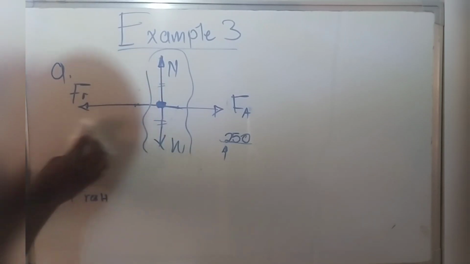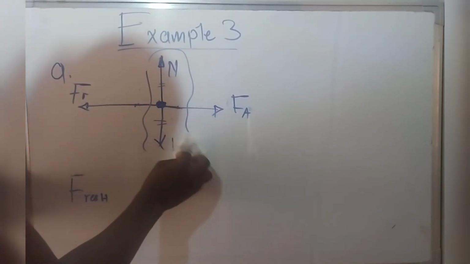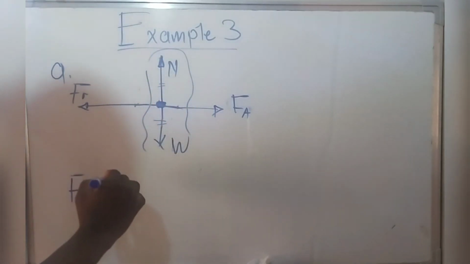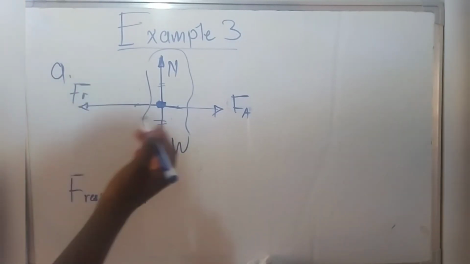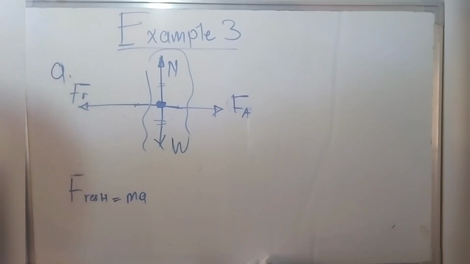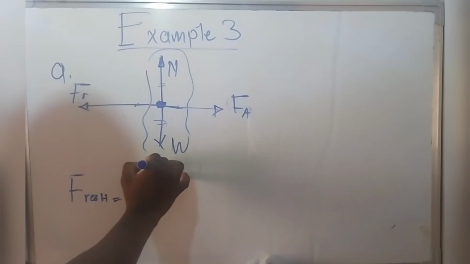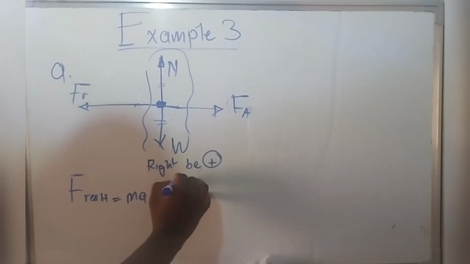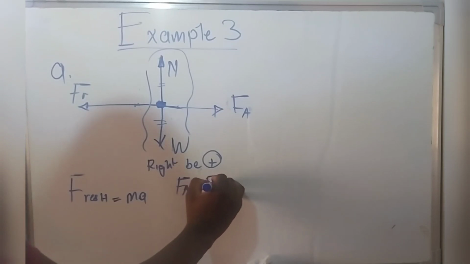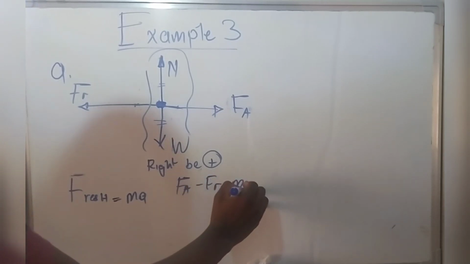Then let's move to the horizontal. For the horizontal, we say F resultant, or F net. F net and F resultant are one and the same thing. F resultant is equal to ma. Then we say let right be positive. Therefore we have Fa minus Fr is equal to ma.